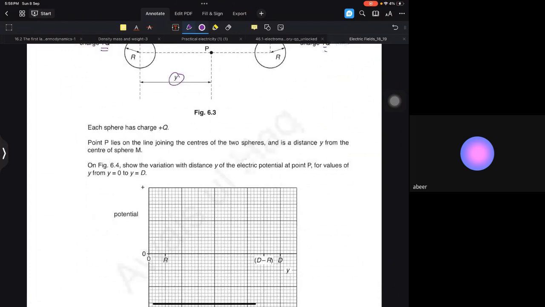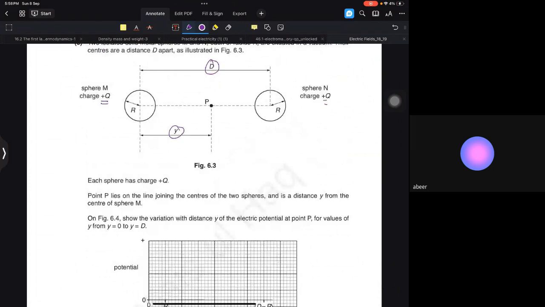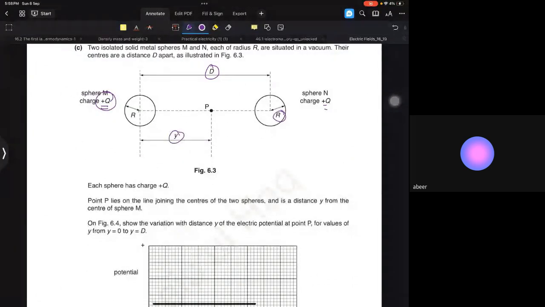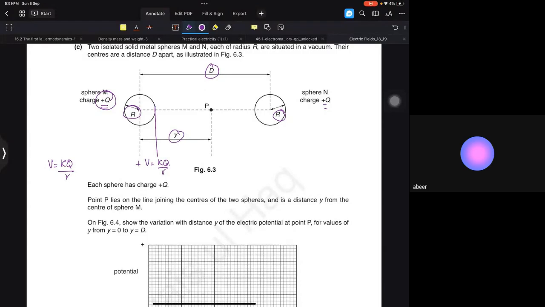They both have the same charge and the same radius, which means the potential is given by kQ over R. Potential is a scalar quantity, and if it's a positive charge, the potential at the surface of this is going to be positive kQ over R as Q is positive. Potential at the surface of this one will also be kQ over R, positive because it is just a positive charge.